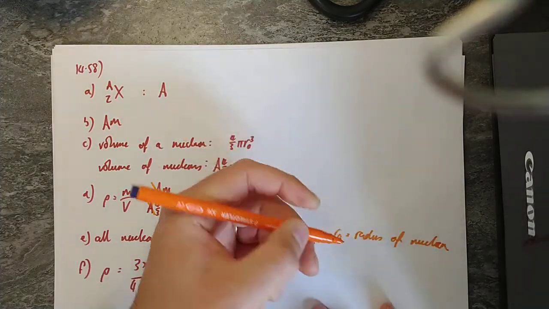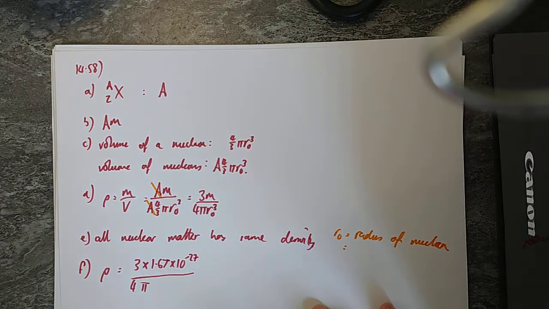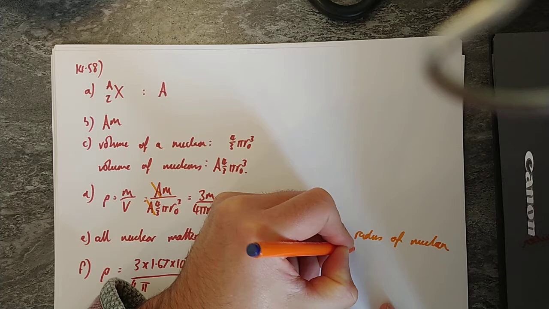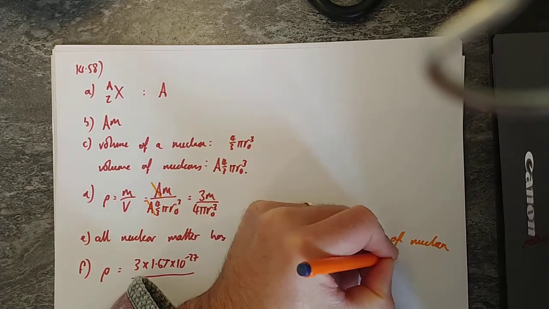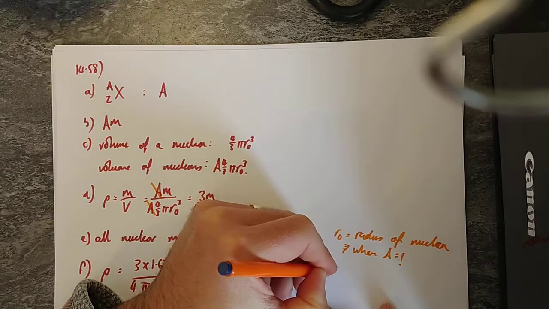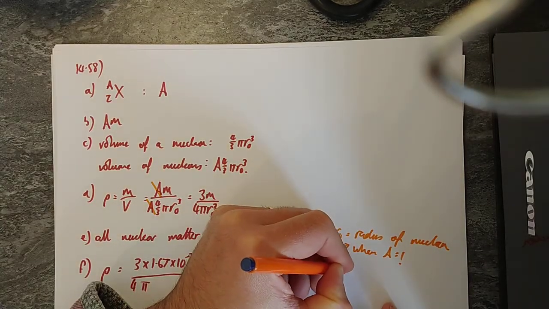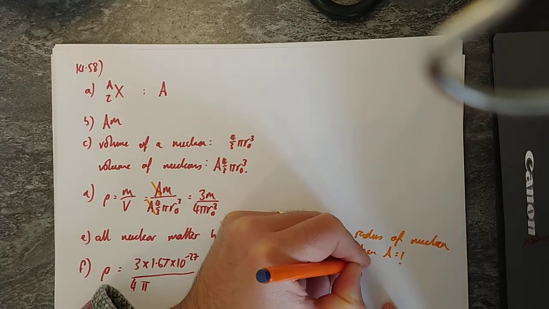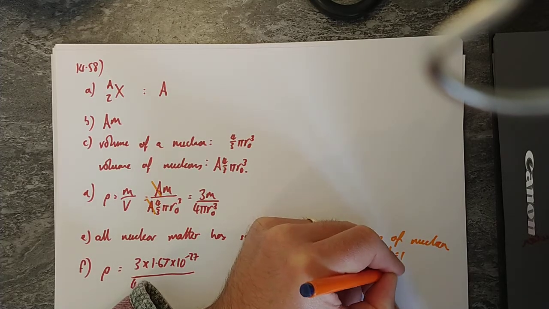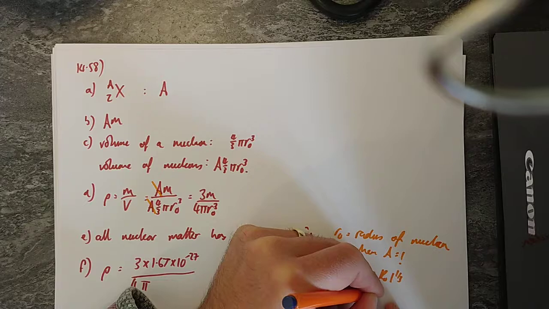So when we have one nucleon, so one nucleon is when A equals 1. We've just got one nucleon, or hydrogen 1. So r0 equals our normal r0 A to the power of a third, which is r0 times 1 to the power of a third, which just equals r0.